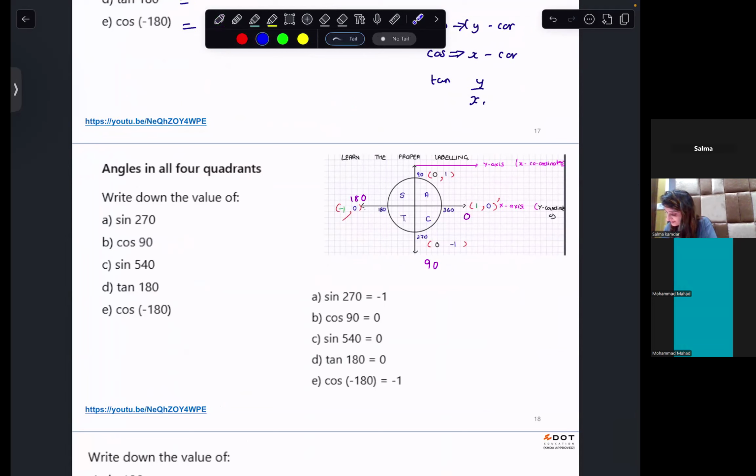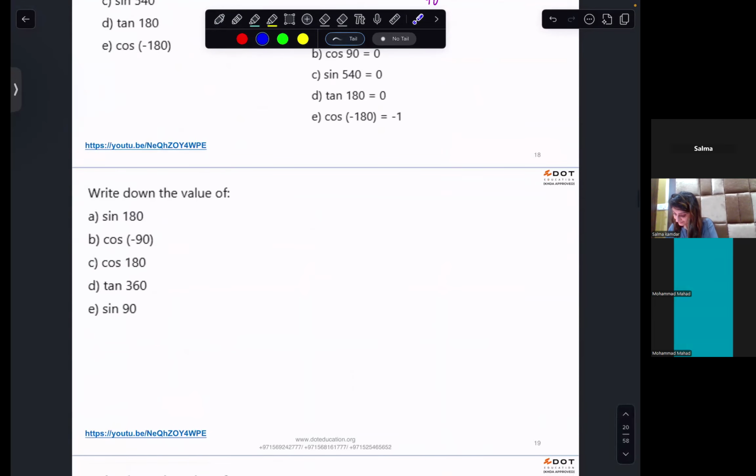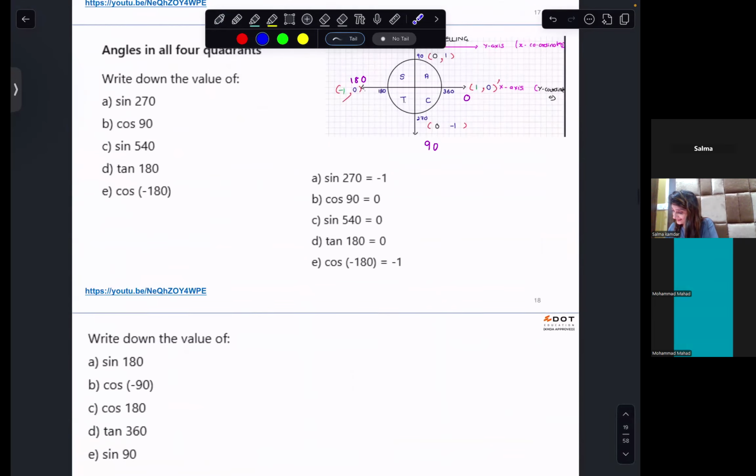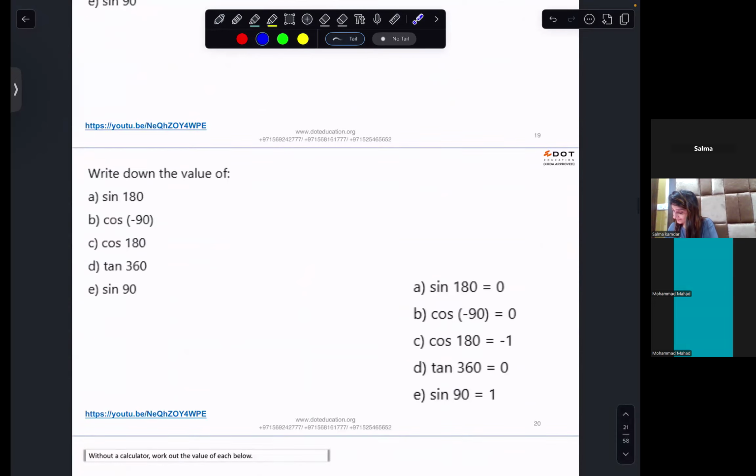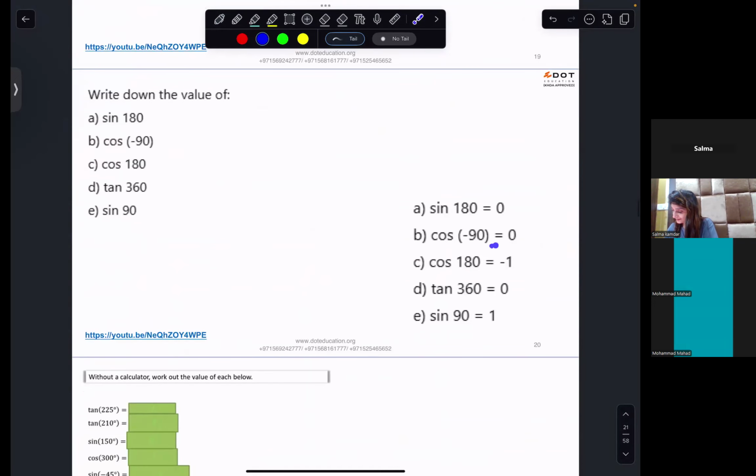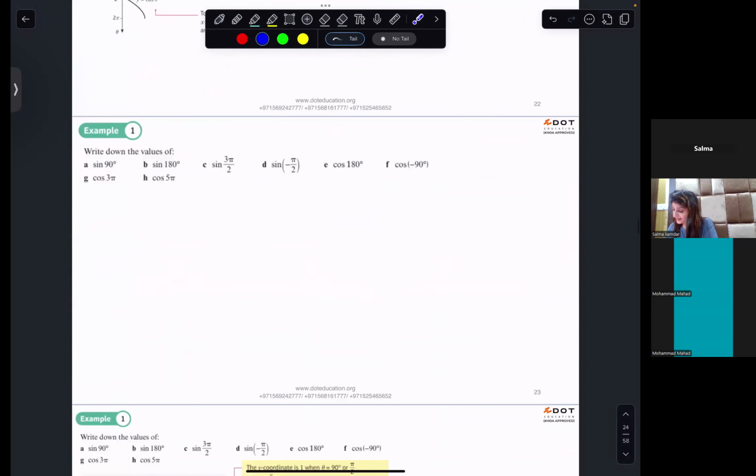Cos is the x coordinate, so it is minus 1. Cos minus 90 is 0. Okay. Then we did our exercise.